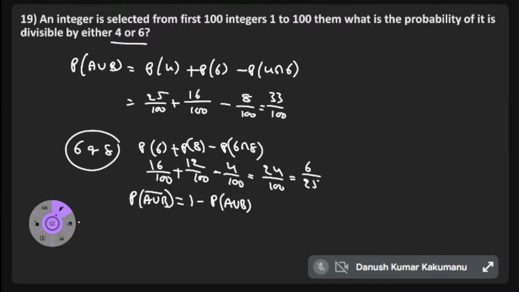Both answers are available to you in the options. Whenever they ask neither A nor B, give the neither A nor B answer, and not the either A or B answer. There is a possibility to commit the mistake. You are all understanding now? Following? Very good.